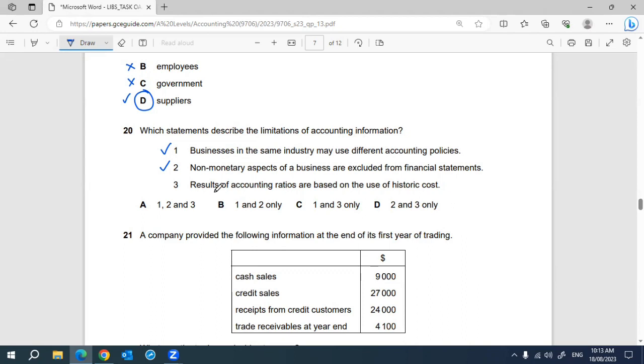And then the third option, results of accounting ratios are based on the use of historic costs. This is true. So all 3 points are true. So therefore, the correct answer is A.